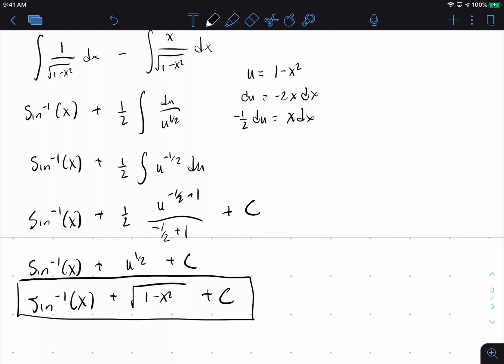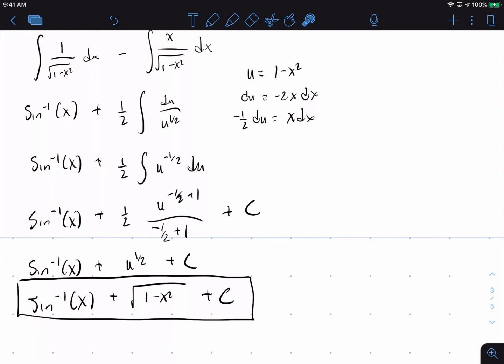Is there anyone that doesn't see how I get rid of the 1/2 there? Meaning right here, how the fraction, the coefficient gets eliminated, becomes a 1. Does anyone need me to show it? I think I get it, but I just want to be clear.